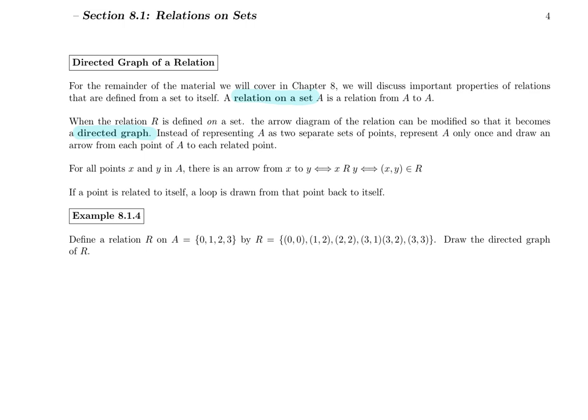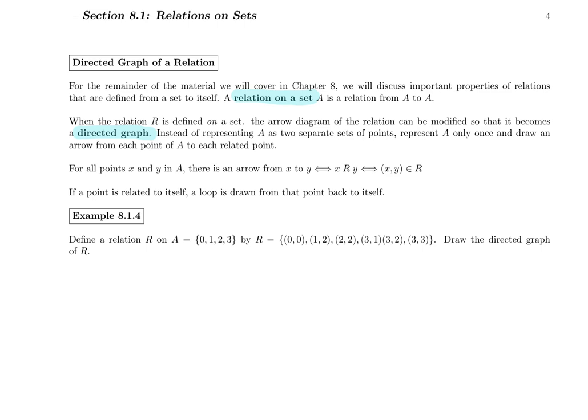Instead of representing A as two separate sets of points, we're going to represent A only one time, and we're going to draw an arrow from each point of A to each related point. So every set of related elements in A is going to have an arrow.